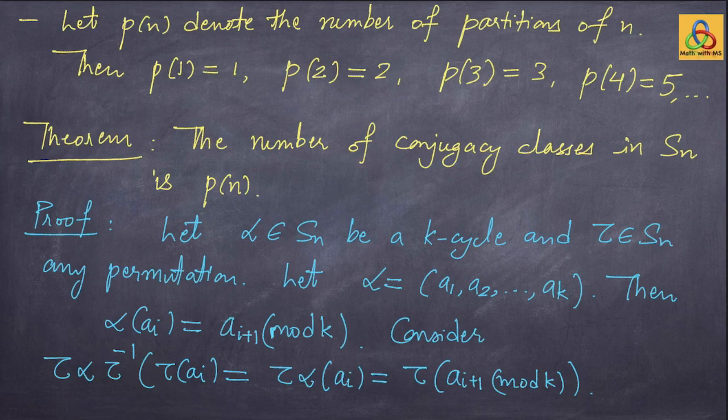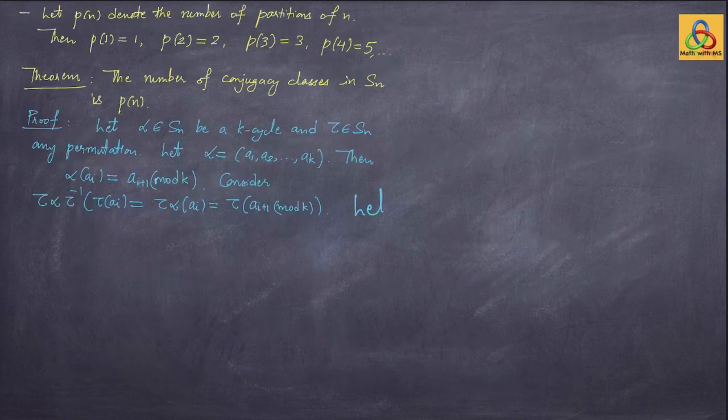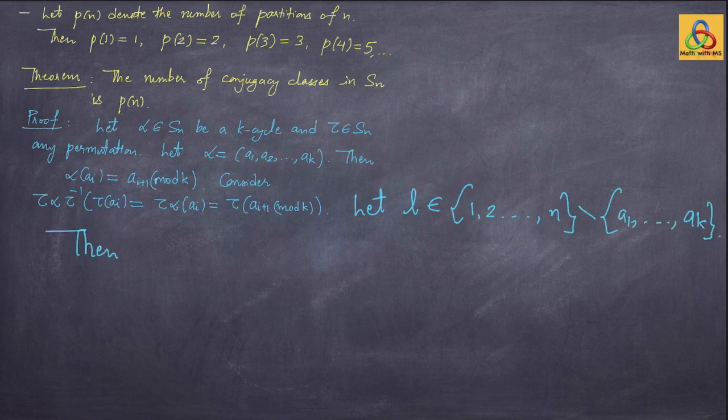What happens to the elements outside the set a1 to ak? Let l be an element in the set 1, 2, and so on up to n, minus {a1, ..., ak}. Then what does alpha do to this l? Alpha just fixes it, because alpha is a k cycle in which l doesn't appear. Then alpha of l is simply l, and what is tau alpha tau inverse of tau of this l?